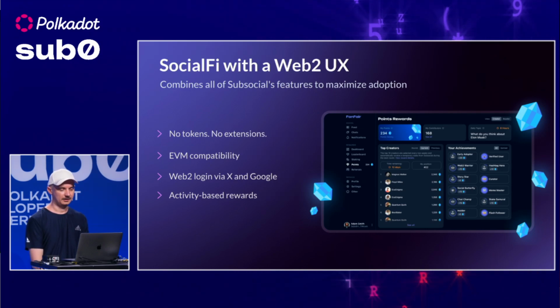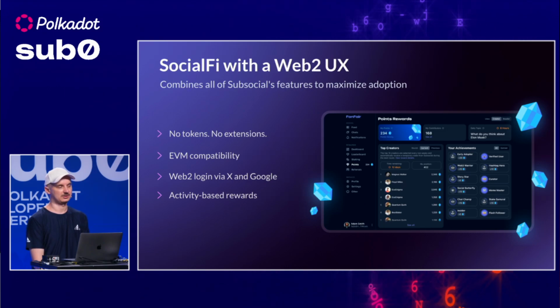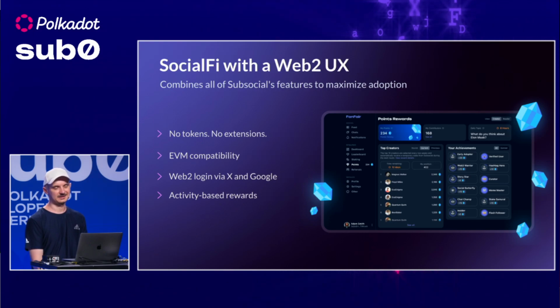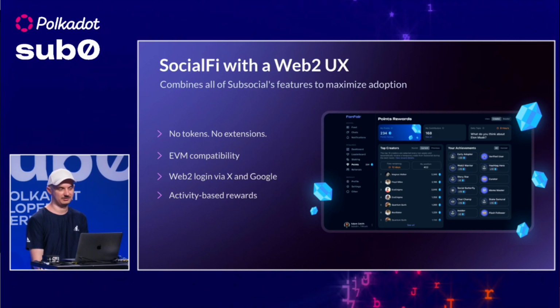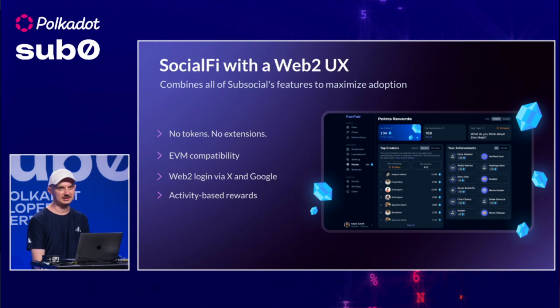You can also log in with Web2 identities like X, previously Twitter, and Google. And we also reward people for their activity. So from the top-level perspective, it looks like people are using Web2, but at the same time, the product is Web3-based from the first day, with a Web3-based incentive system built on our native token.